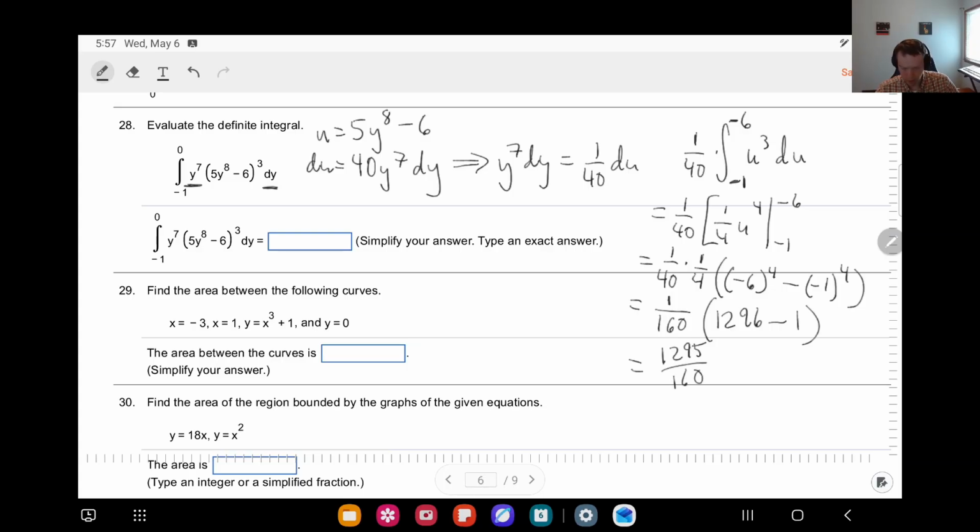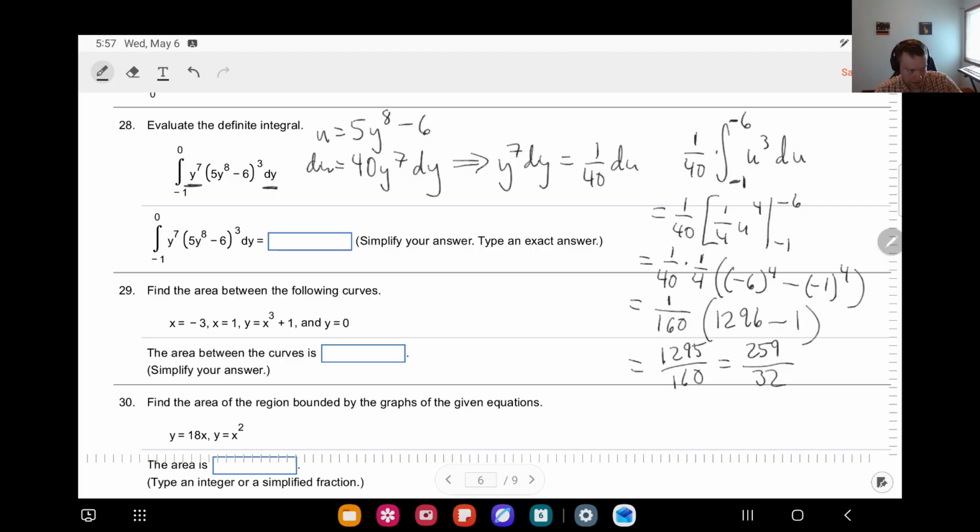Okay, they do want us to simplify. Well, I can tell that it can be simplified because they're both multiples of 5. You can tell just by looking at them. So I would divide both by 5. 1295 divided by 5 is 259, and 160 divided by 5 is 32.